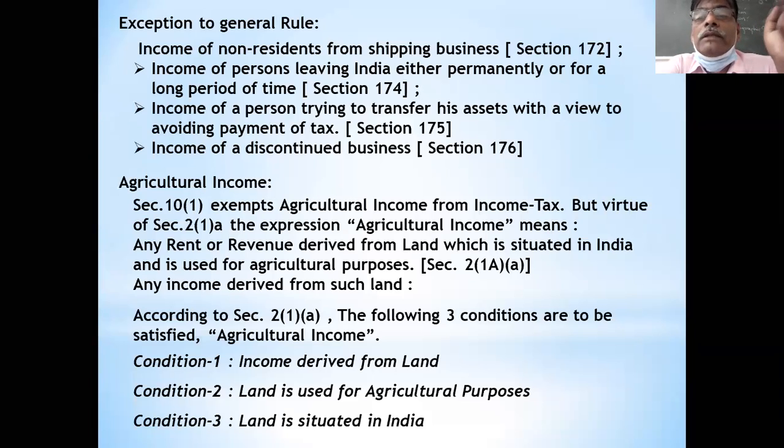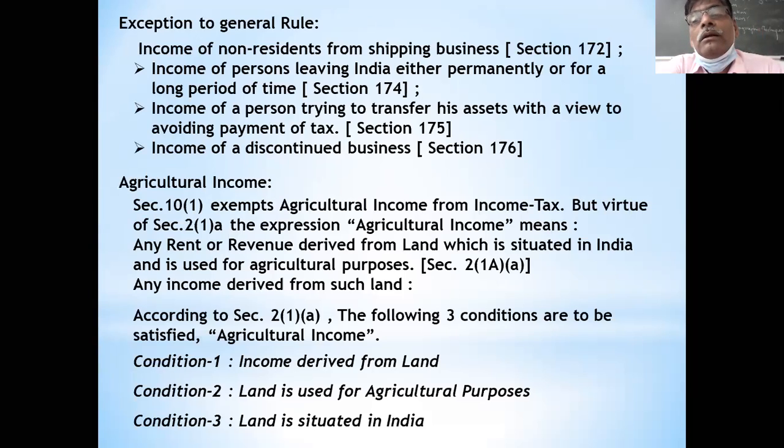The second exception to the general rule is income of a person leaving India, either permanently or for a long period. A person is leaving India for a long period or permanently and going abroad. Then the previous year and assessment year become the same.